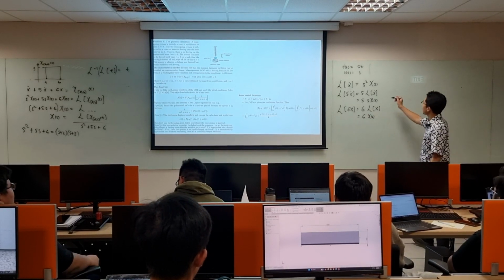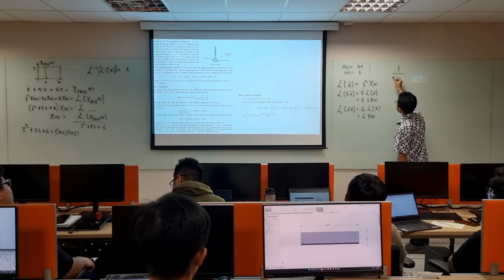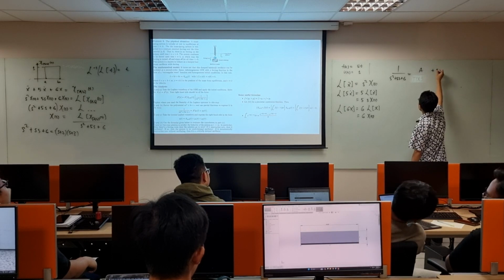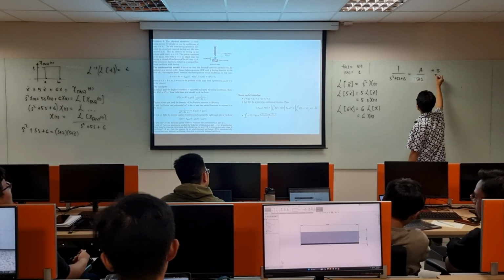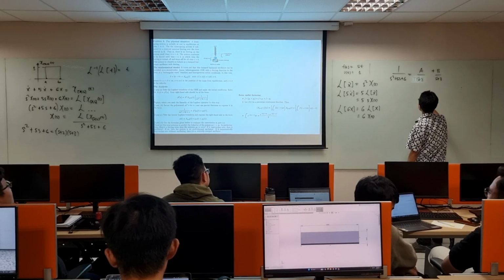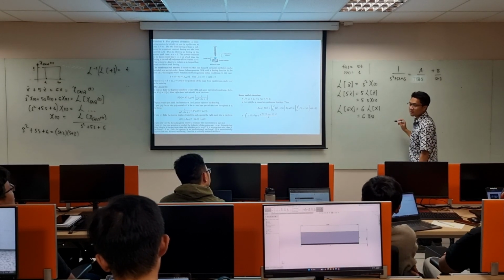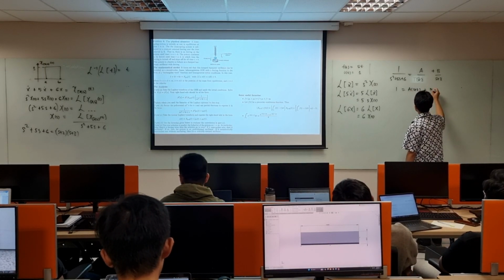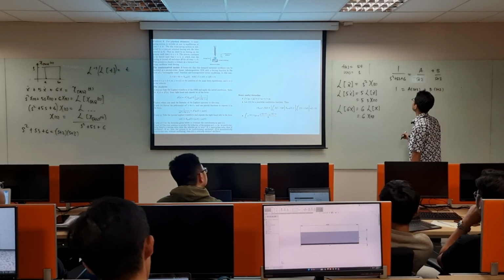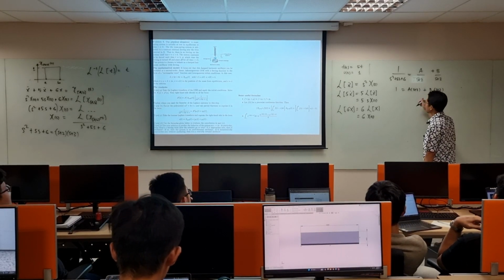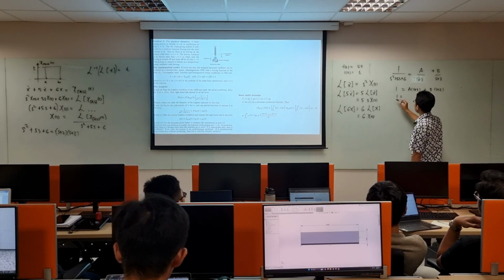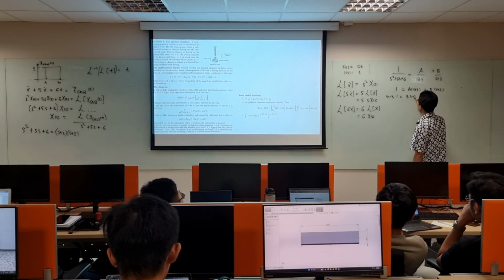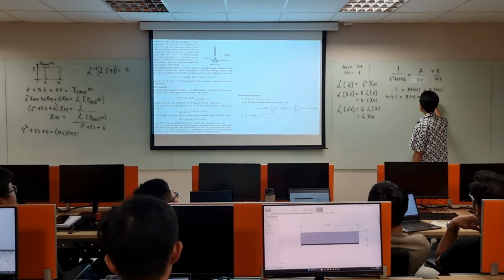So let's solve that. 1 over S squared plus 5s plus 6 is equal to A over S plus 2 plus B over S plus 3. So 1 equals A times S plus 3 plus B times S plus 2. If you put S equal to minus 3, you get B times minus 1, so B is minus 1.